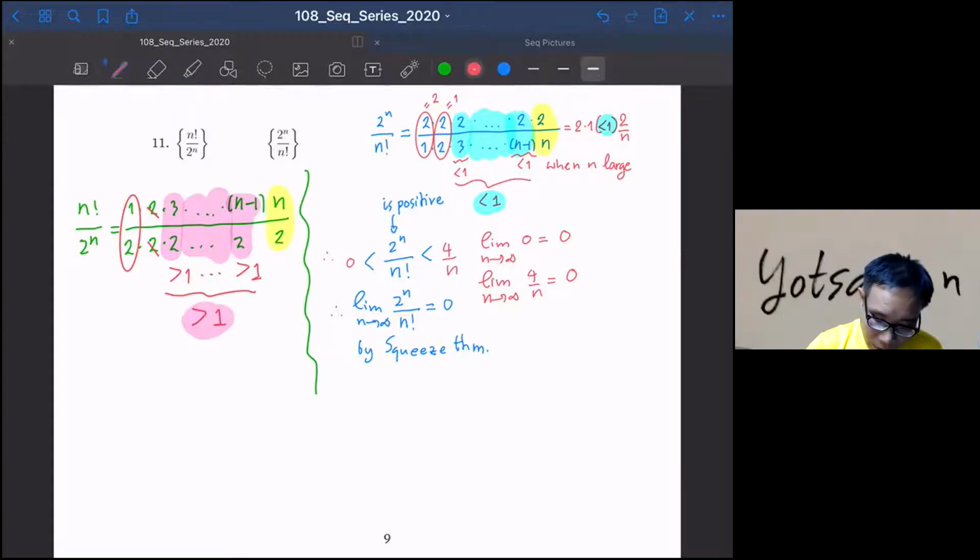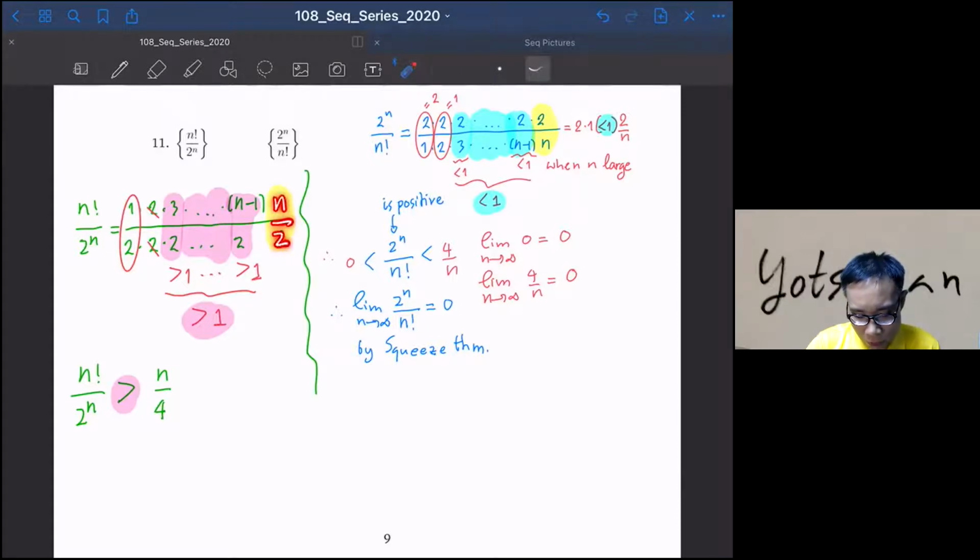When you multiply them together, you get more than n over 4, because n over 2 multiplied by 1 over 2 becomes n over 4.